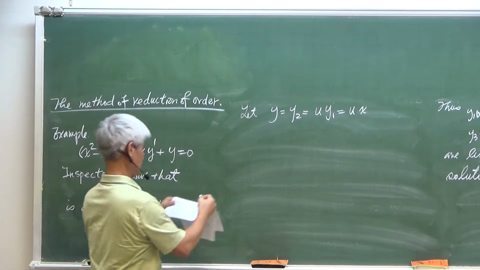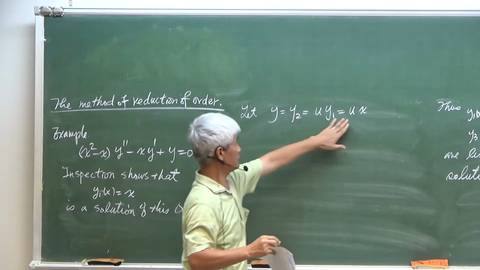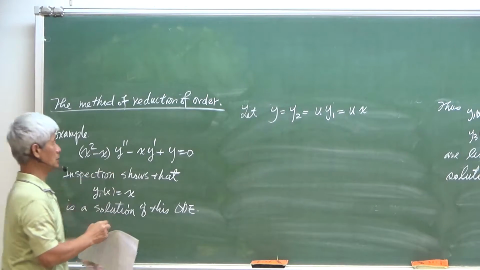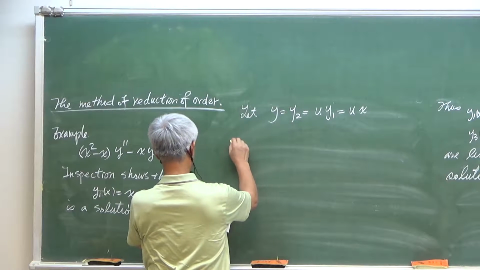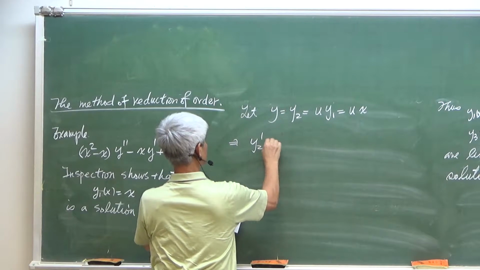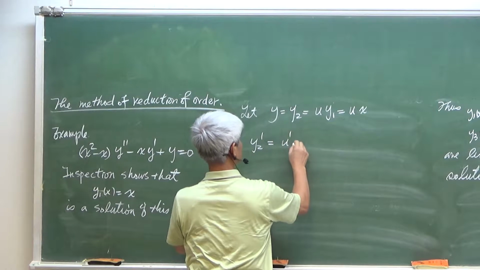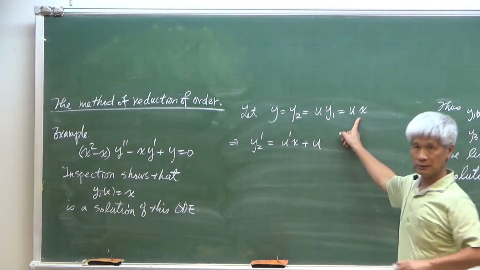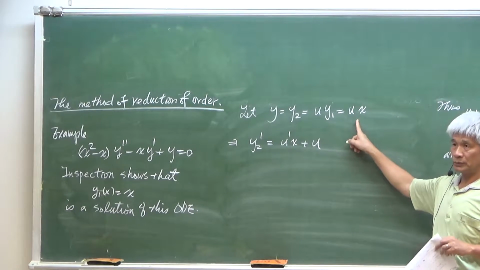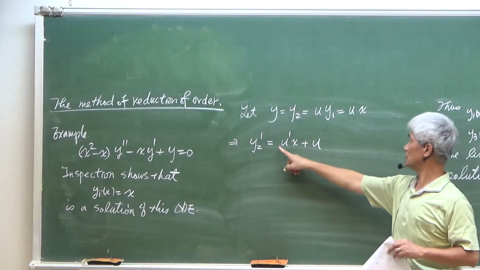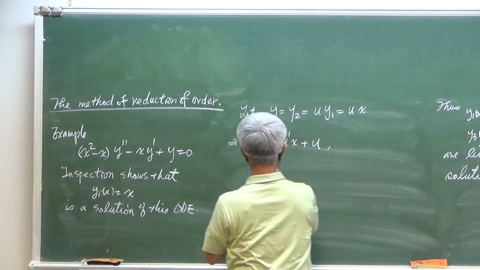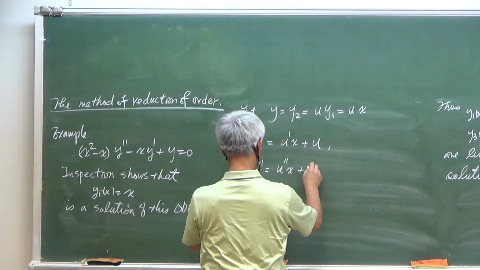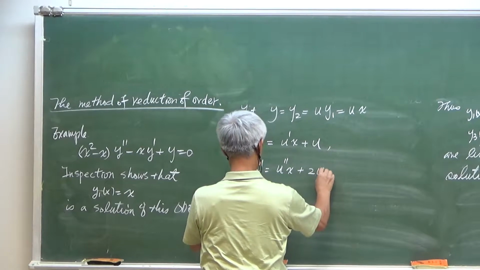Now this function should satisfy our original ODE. So this implies that y2 prime is equal to u prime x plus u. Okay? So we use the product rule of derivative. And y2 double prime is equal to u double prime x plus 2u prime.